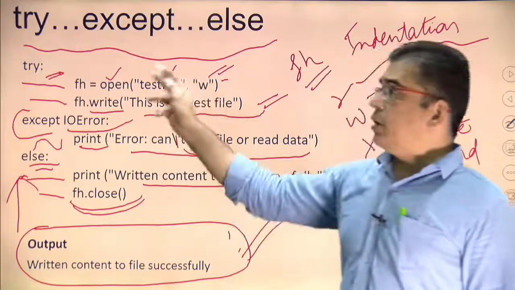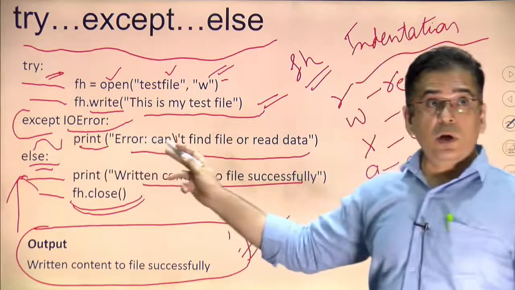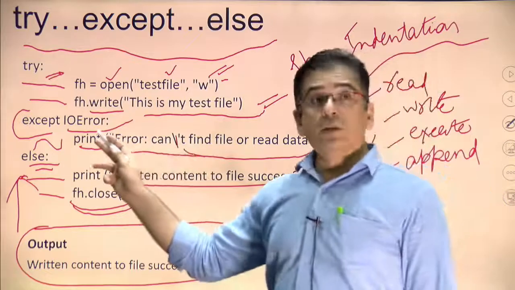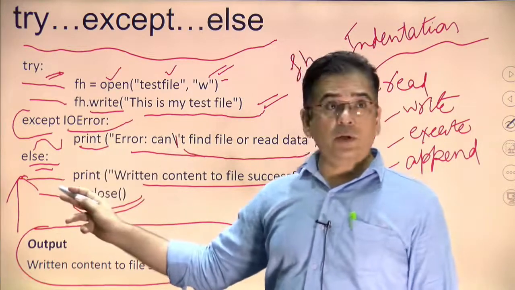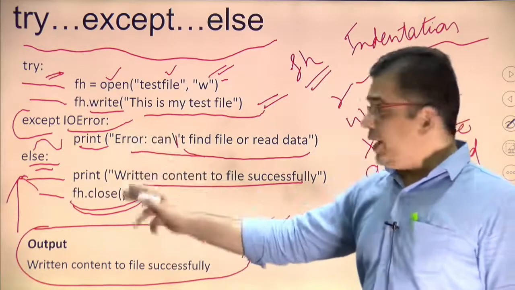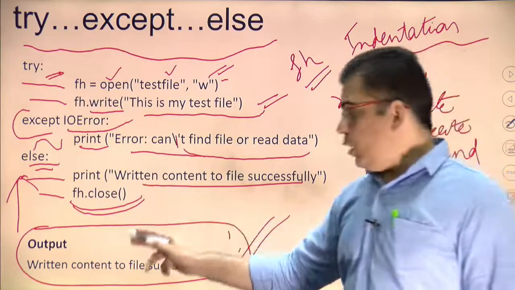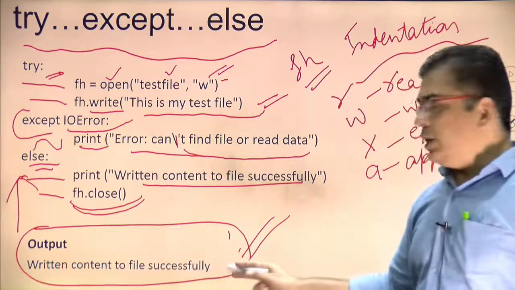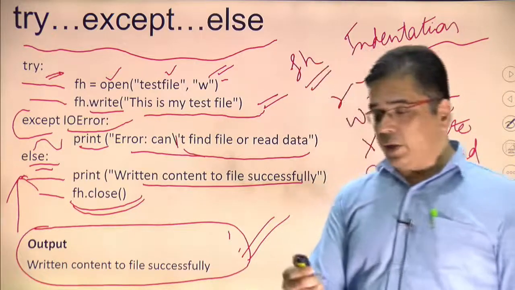The code written in the try block will be handled by the code written in the except block, and if this except block is successfully executed, then the else block will not be executed. If the except block is not executed, in that case the else block will be executed and the output will be displayed as written content to the file successfully. So this is the first kind of error handling mechanism.